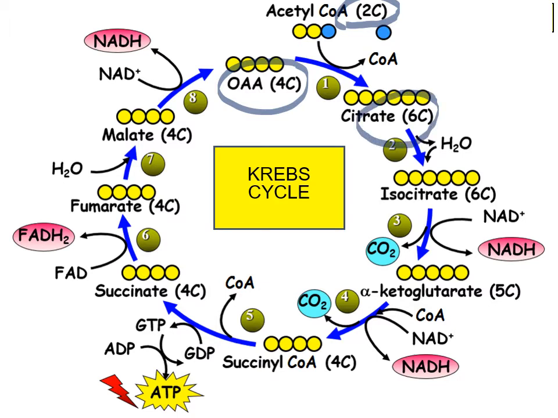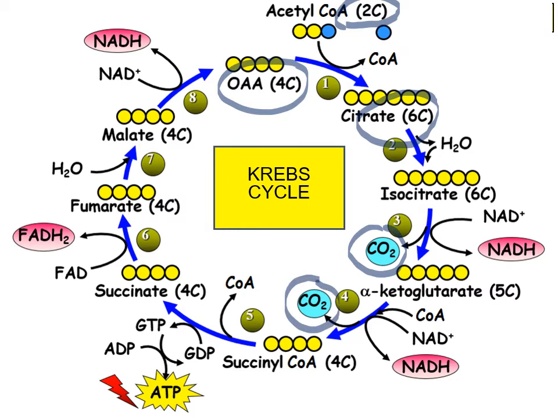So this 6 carbon molecule, citrate, will be oxidized, meaning it will have its electrons removed. There is electron removal, and also the removal of 2 carbon dioxide. So here, it is step 3 and step 4.